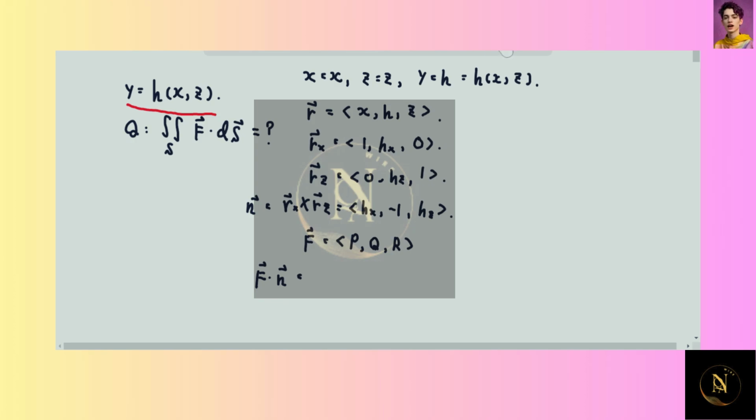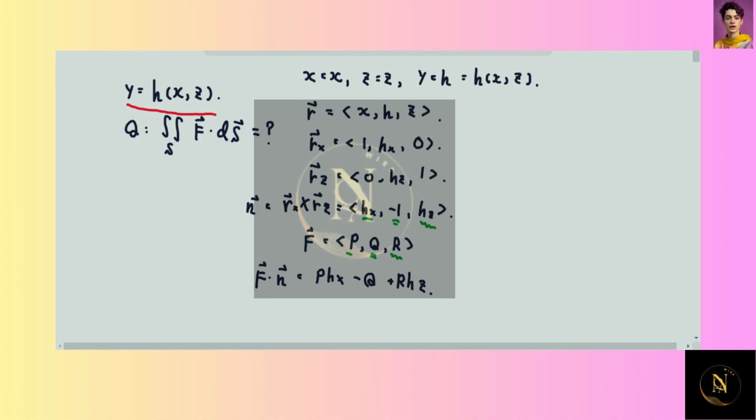It's just multiplying the x entries, the y entries, and the z entries respectively, and then adding them up. So we will have P times h sub x minus Q plus R times h sub z. So that's what F dot n is going to look like.